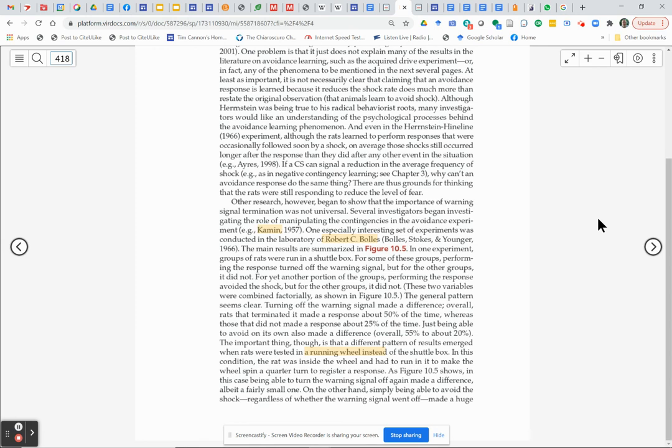One especially interesting set of experiments was done in the laboratory of Bolles, which includes this author and some other people in this chapter. I've done some of this too. I became interested in this, not thinking too much about evolution, but I liked Bolles's work.